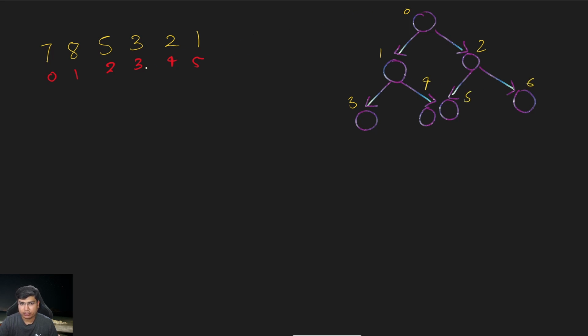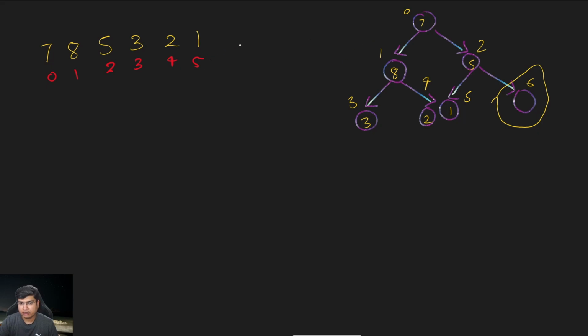Now we can just plot each number to the corresponding index. I can copy these numbers: at the 0th index is 7, at 1 is 8, at 2 is 5, at 3 is 3, at 4 is 2, and at 5 is 1. So this is what we call a heap data structure.